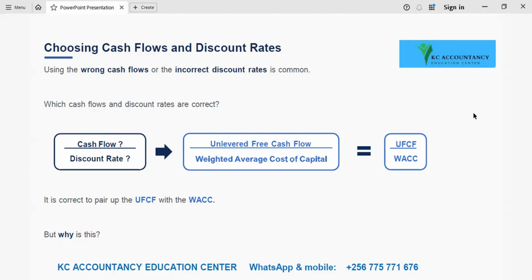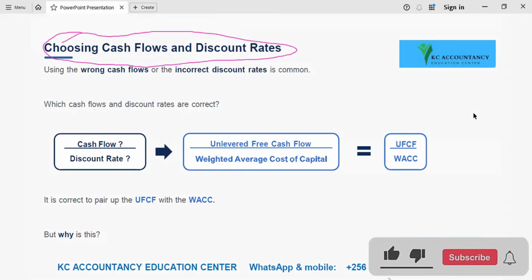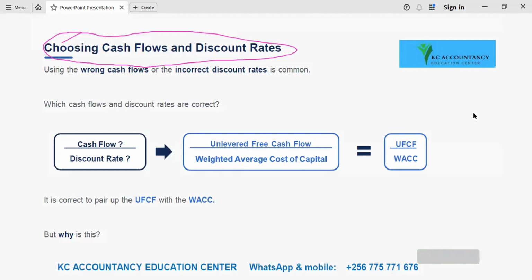We are looking at cash flows and discount rates. Choosing cash flows and choosing the discount rates. Remember, we've said in our previous video that having a proper model is supposed to make sure that we choose the right cash flows and the right discount rates.